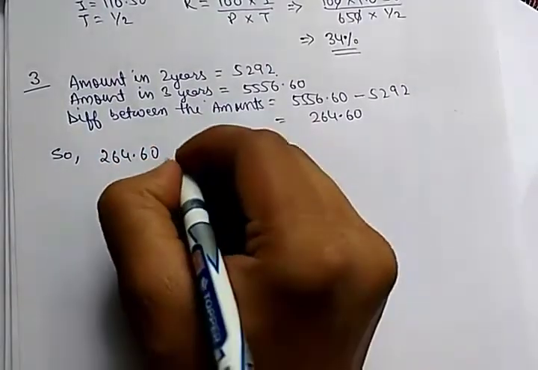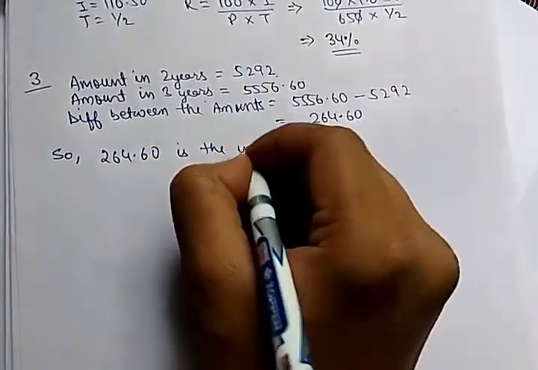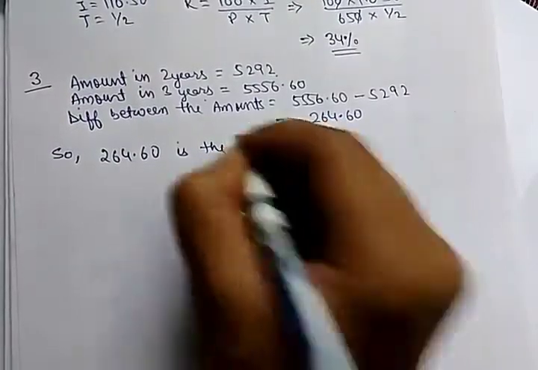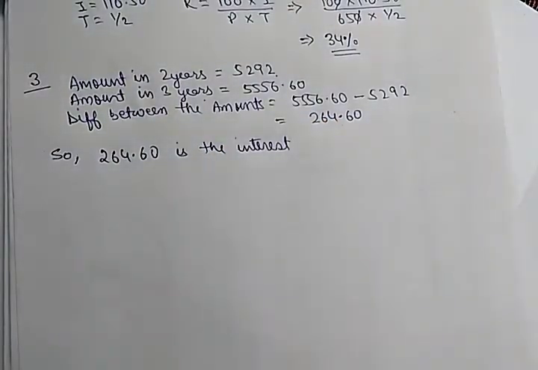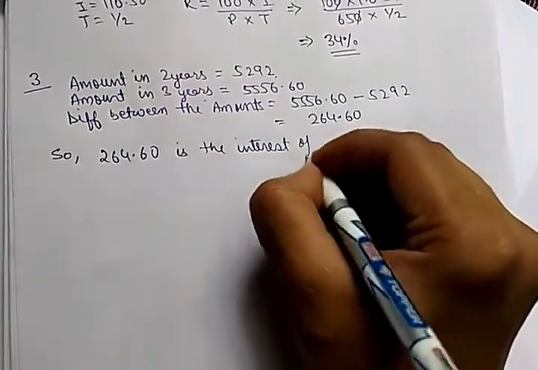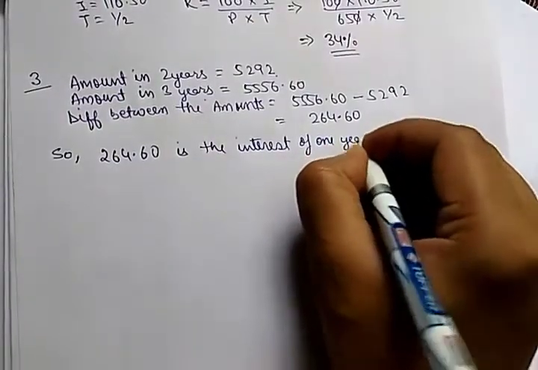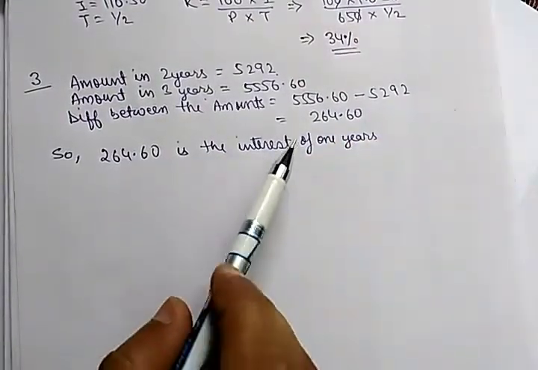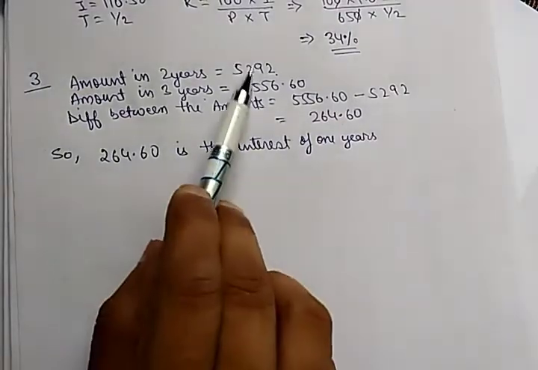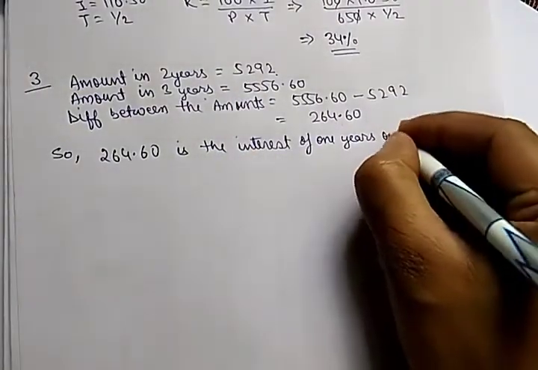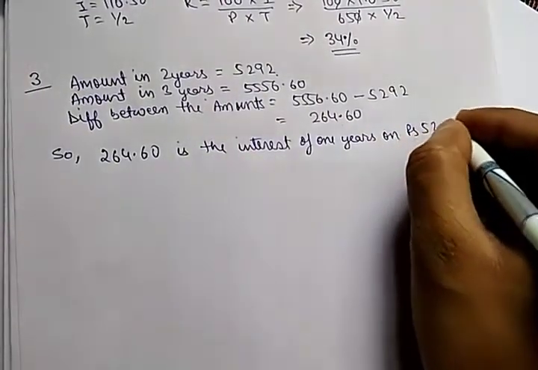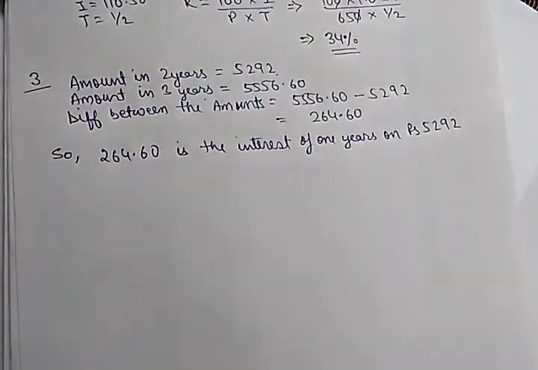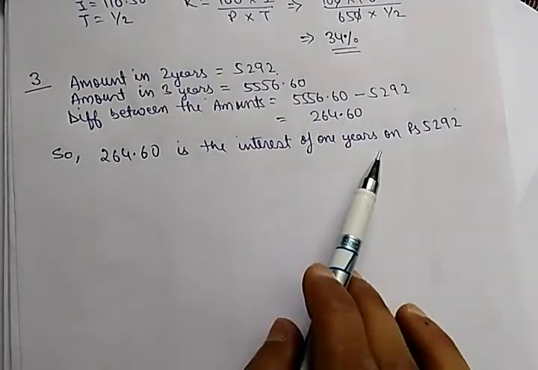So 264.60 is the interest of 1 year, on which amount? On rupees 5292. So this will be the interest on the rupees 5292.